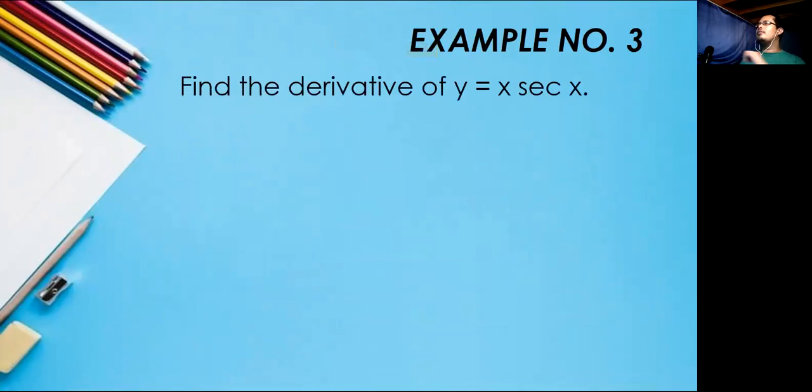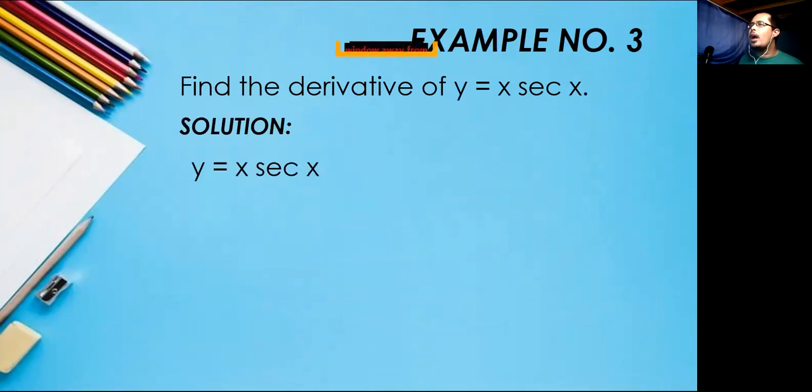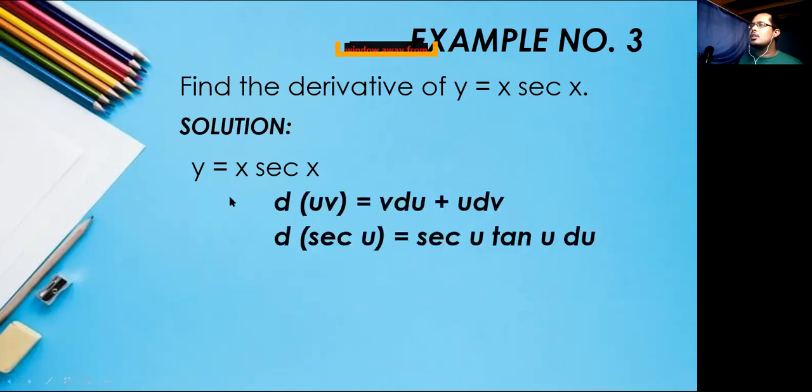Find the derivative of y equal to x times secant of x. For our solution, we rewrite the equation as y equals x secant of x. We're going to use two formulas for this function.